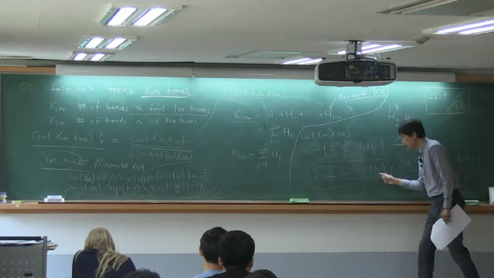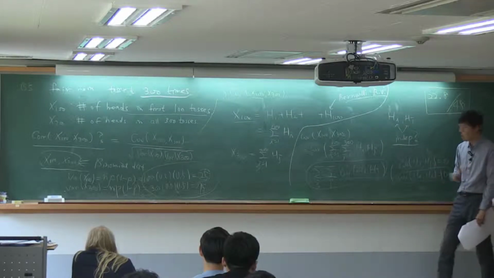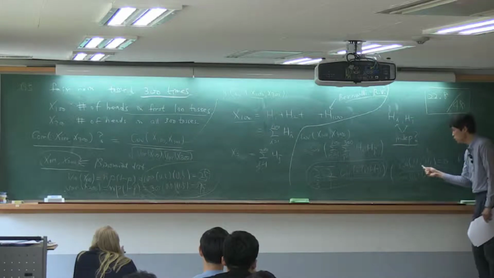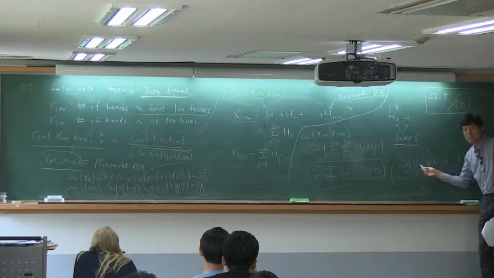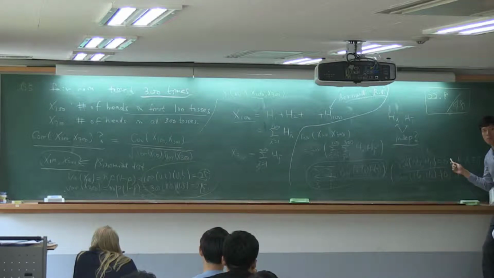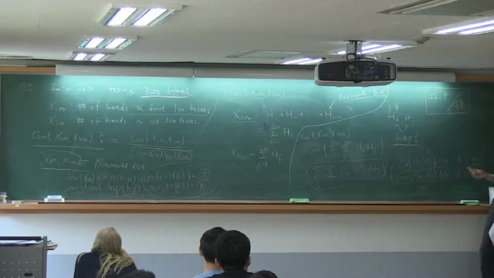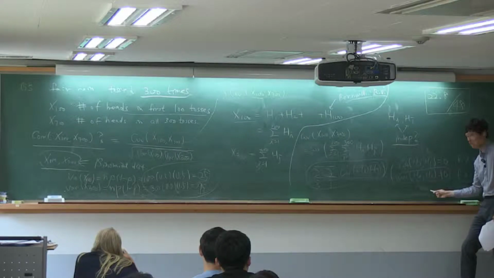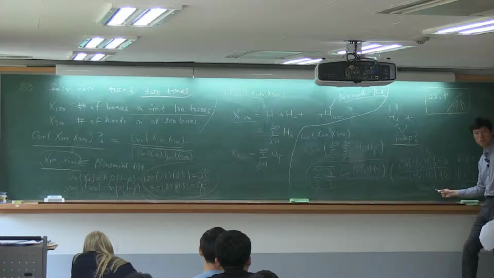So if Hi and Hj are independent, covariance is zero. If i and j are the same, this becomes variance of Hi.